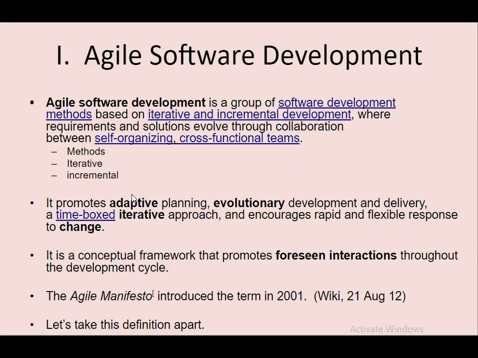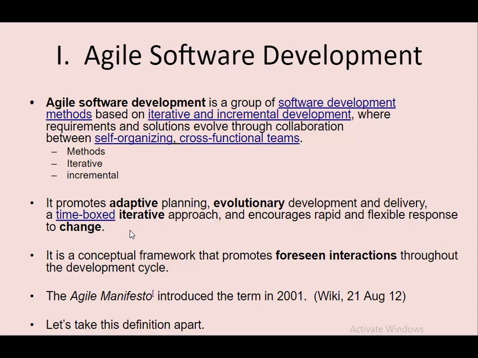So the methods are iterative and incremental. It promotes adaptive planning, evolutionary development, and a time-boxed iterative approach. Time box is something you need to remember. What do we mean by time box? It's a time constraint.